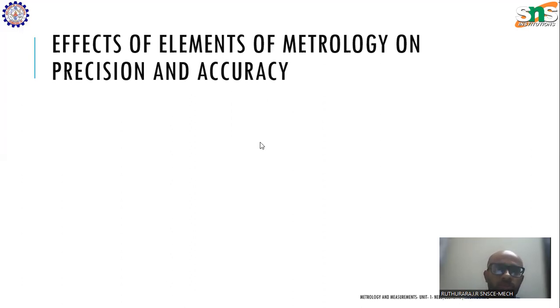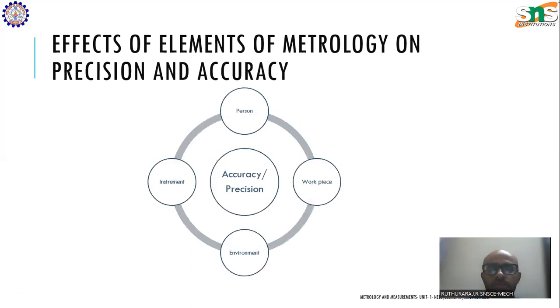So how different things work, we can see from this diagram. It depends upon four major factors. It depends upon the person, the skill level of the measurer, whether a novice or a skilled laborer.